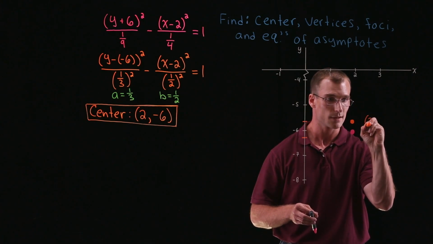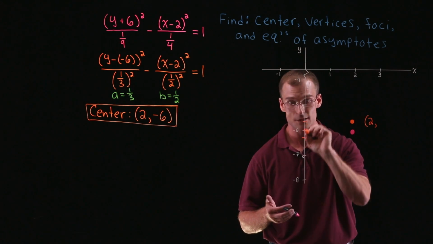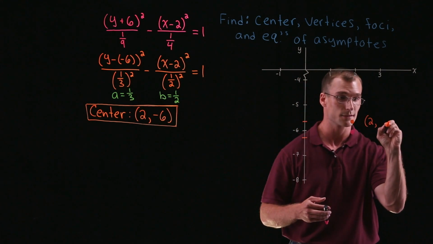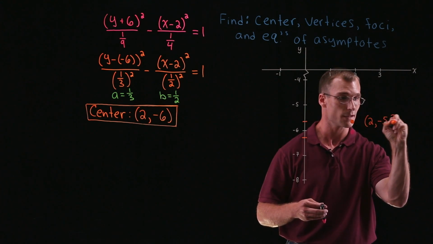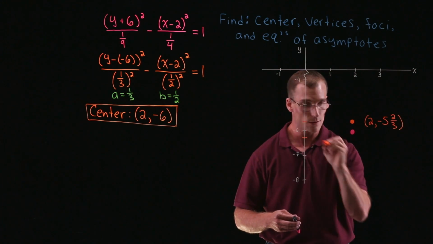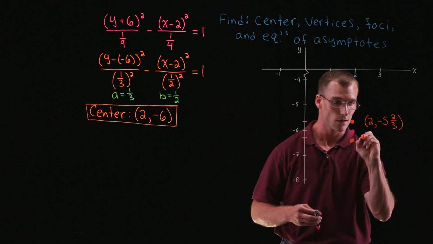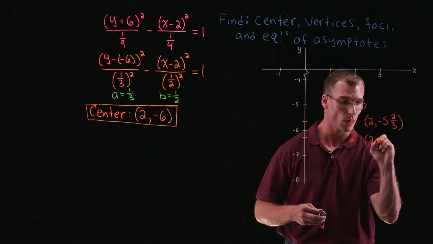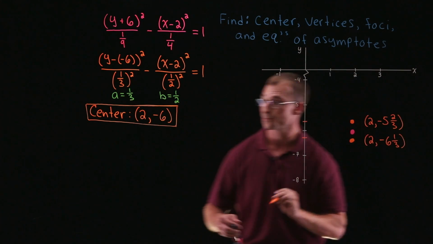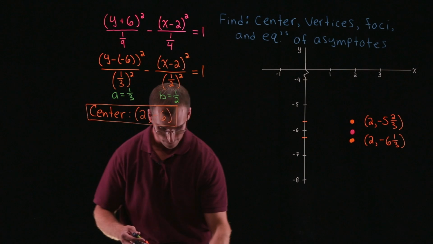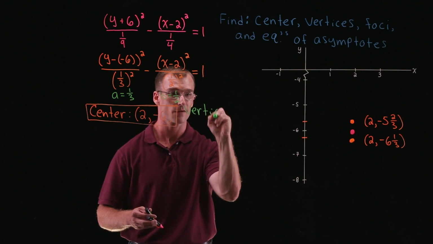and we'll call this point x equals 2, and negative 6 plus a third will give us a y-coordinate of negative 5 and 2/3. Going down 1/3, putting our point right about here, we'll have x-coordinate 2 and y-coordinate negative 6 and 1/3. Okay, now let's go ahead and label those over here, just to keep track of everything.